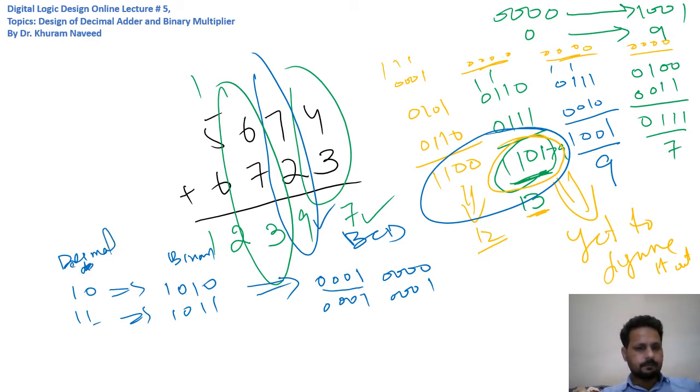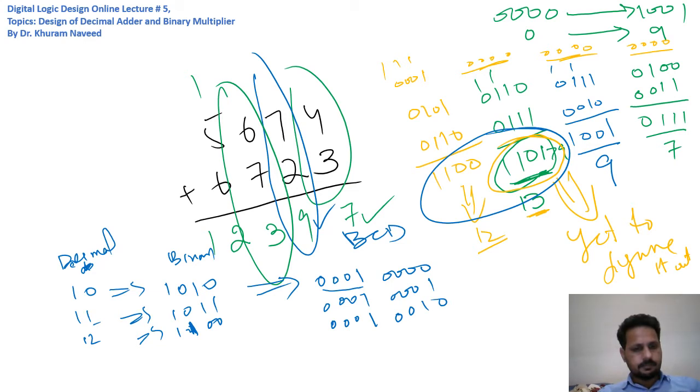And 12, so BCD of 12 involves BCD of 1 first and then BCD of 2.